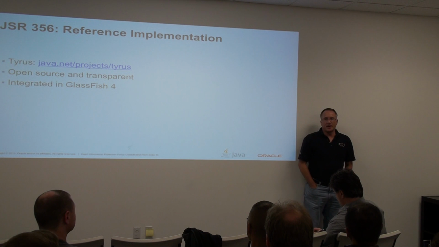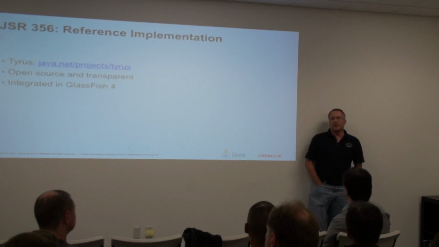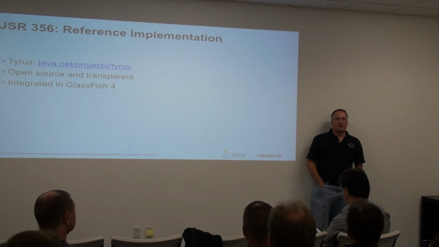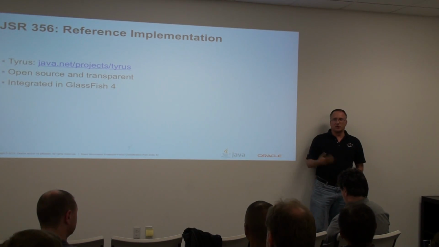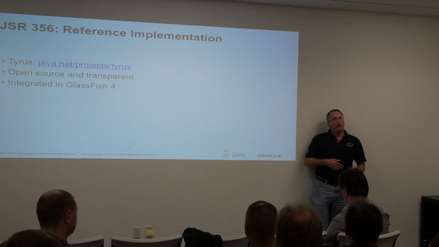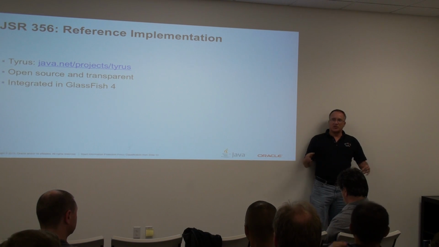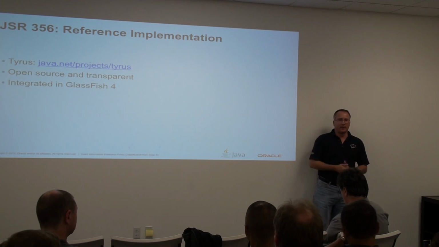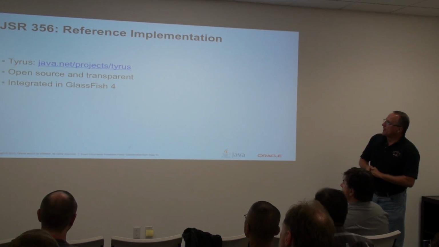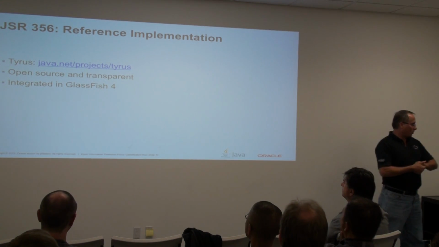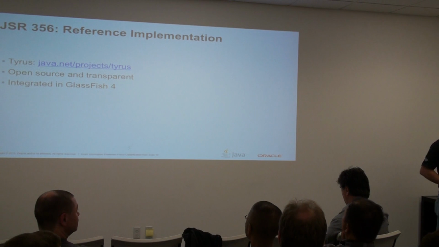So the WebSocket API can layer on top of things other than app servers. But if it layers on top of an app server, then you have to use servlets, and I think there's some implementation requirements if it's running in an EE environment. And it's of course integrated in GlassFish 4, which is the Java EE 7 reference implementation.